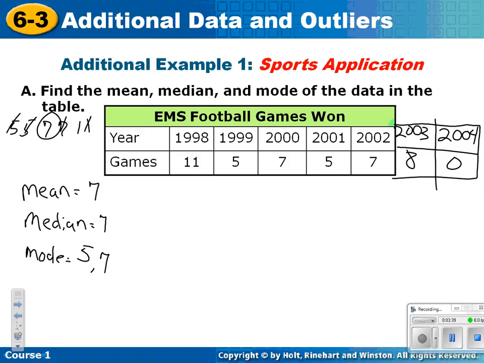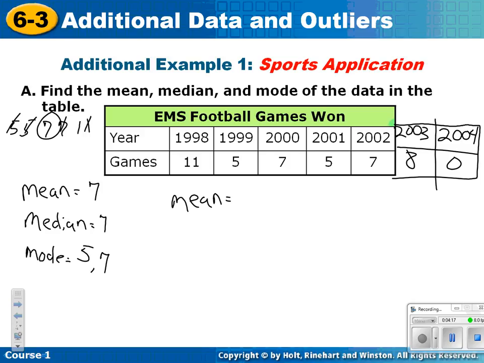Sometimes that happens. Okay, so now we have to find the new mean. We had 35 plus 8, because this was 35 before, right? So it's going to be 43. 35 plus 8 is 43, plus 0, 43 divided by 7.